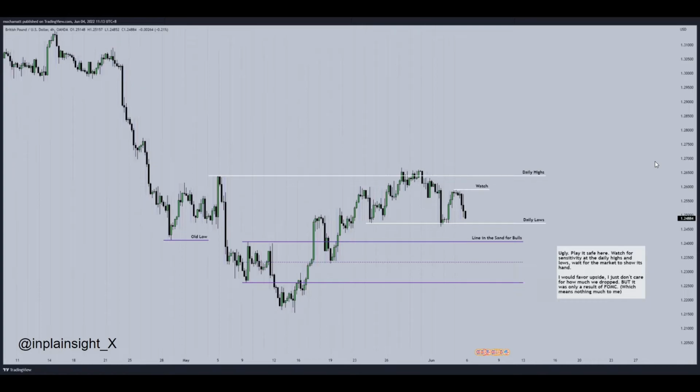Pound looks a little ugly. I actually don't know what's going to go on here. I essentially just have a line in the sand. This is a low resistance liquidity run, right? So if we start seeing strength, maybe throughout the week intraday, that will be an easy target.